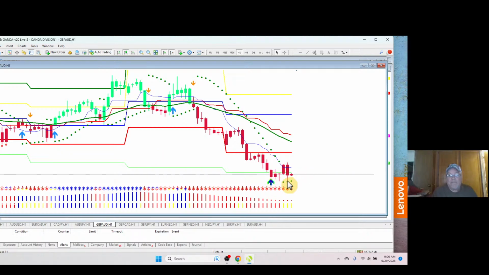So now I can move the stop to here and reduce my risk a little bit. So let's see, that low was 60.07. This low is 64.6.